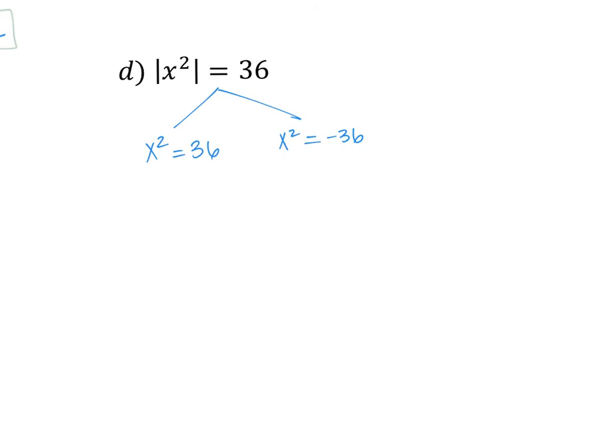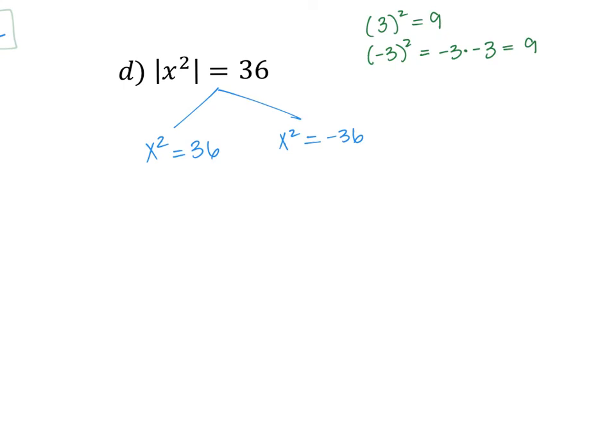But here's the thing I want us to know. Whenever you have a number that's squared, let's just think about it. So here to the side, if I had a number like 3 and I were to square it, I would get 9, right? But if I have a negative number, negative 3, and I were to square it, that's like saying negative 3 times negative 3, which is also positive 9.